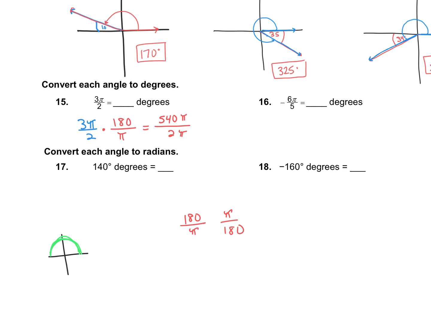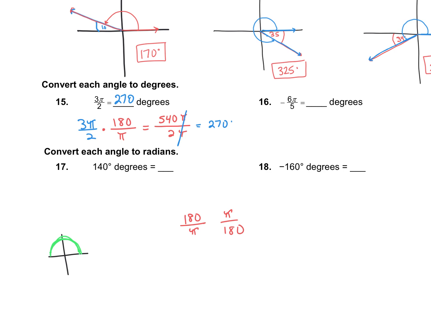Those pi's do cancel each other out, and then we'll take 540 and divide it by 2, and we get a 270-degree angle. No more pi in the angle measure at all. So 270 degrees.